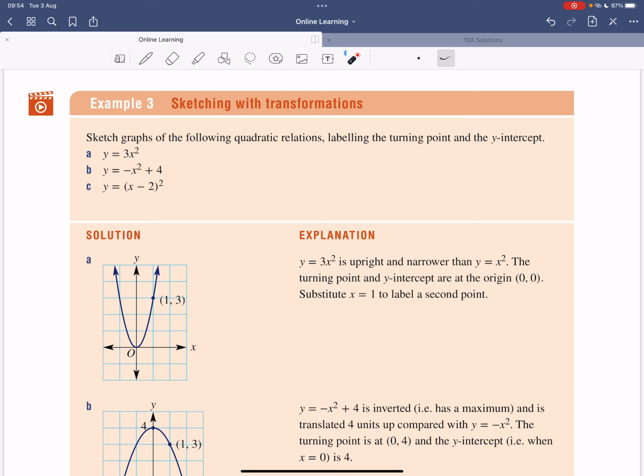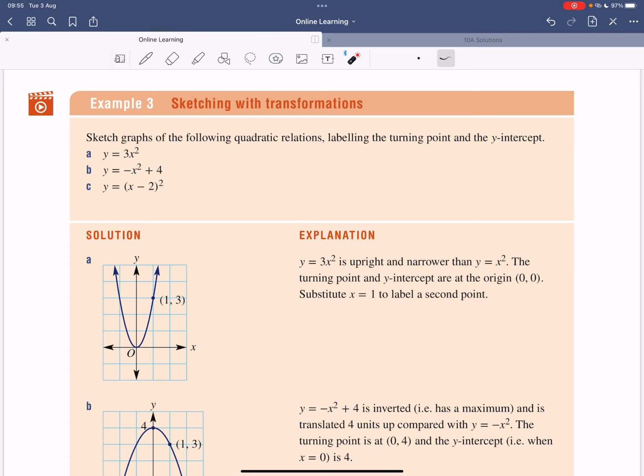So y equals 3x squared is upright, so it's a happy function. It's narrower than y equals x squared. Remember we said that key idea. The turning point and the y-intercept are at the origin because it's taking that same shape as y equals ax squared. And so all we're going to do is substitute x equals 1 to label a second point.